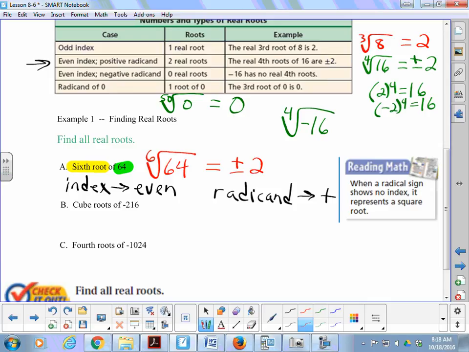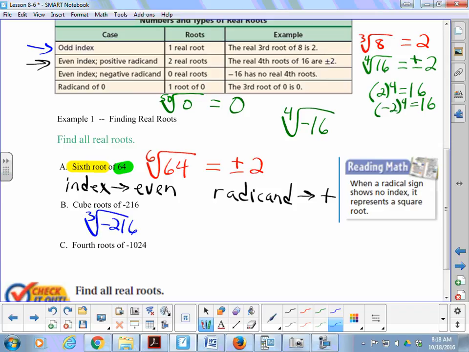Letter B, cube roots of negative 216. If it says cube root, that means I have an odd index, because it would be cube root of negative 216.